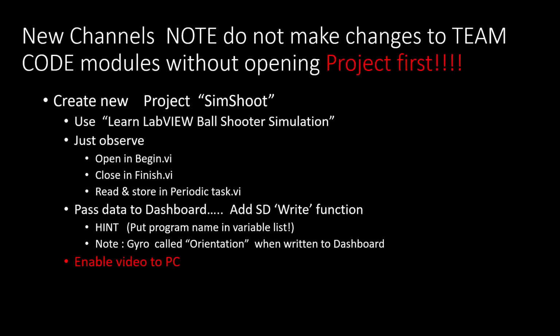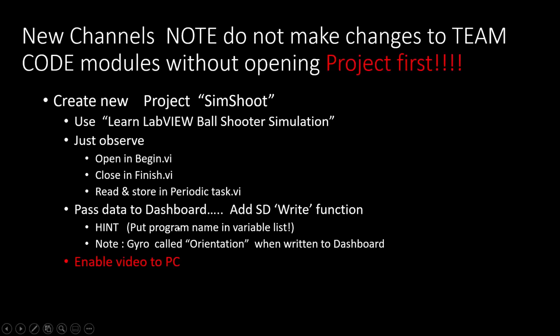So we're going to develop a new project called SimShooter. It's one that's built in, and although I don't fully understand the design principle, it's kind of clever to see what they've done. And I'm going to walk through the begin and finish that they've set up, show where they're reading and storing the data in periodic task, and then how they write the data to the dashboard using the smart dashboard write function.